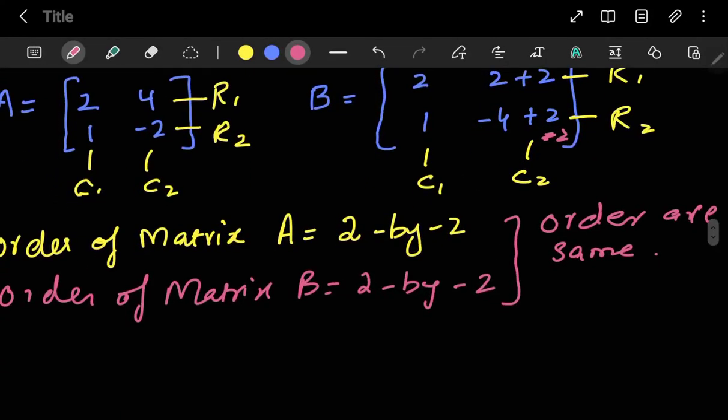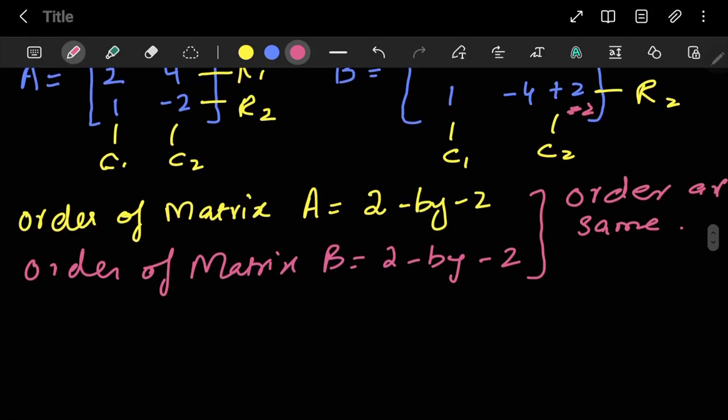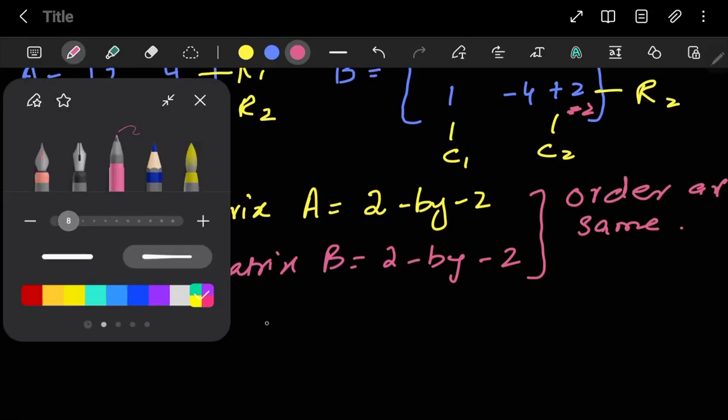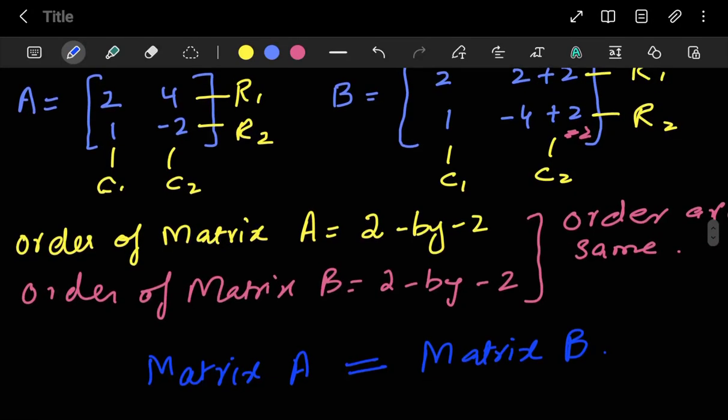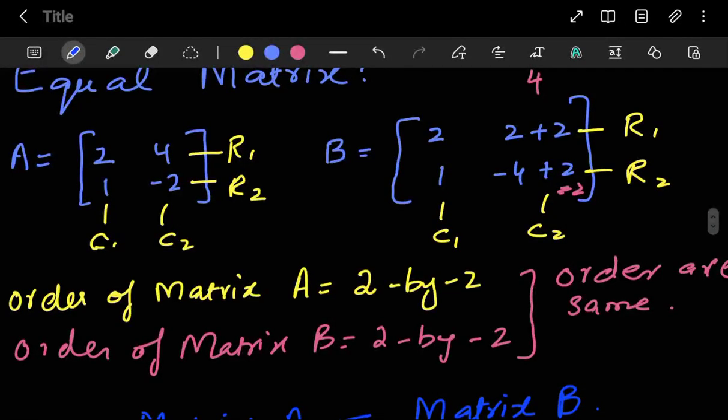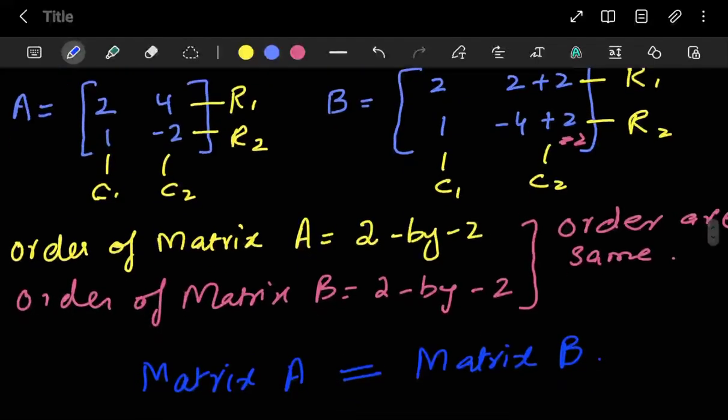So matrix A is equal to matrix B because their orders are the same and their corresponding elements are equal. So A and B are equal matrices.